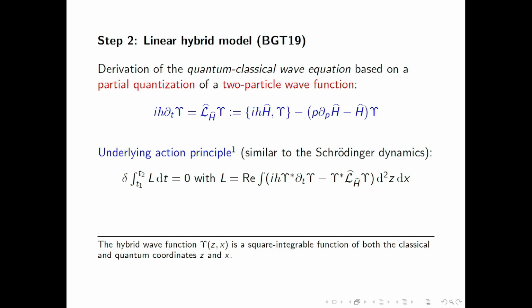So the question is, once we are equipped with a wave function in classical space for classical dynamics, how can we derive a mixed quantum classical or a hybrid model? And the way the authors worked, so this goes back to a paper in 2019 by Bondar, Gelbermar, and Tronchi.